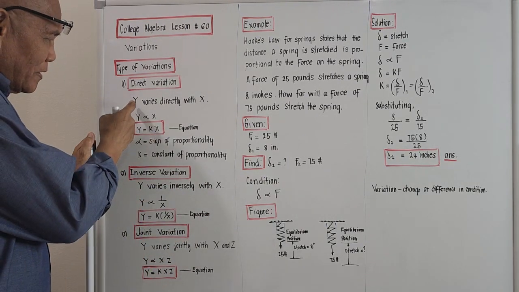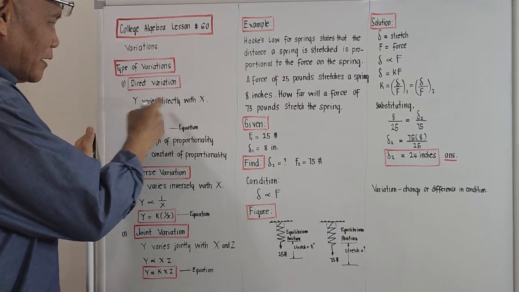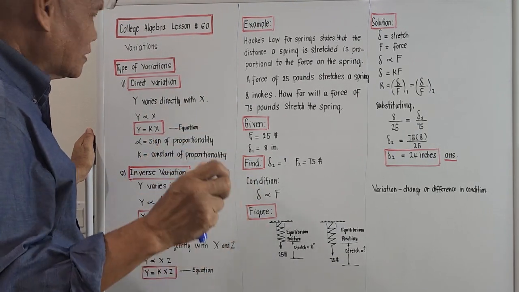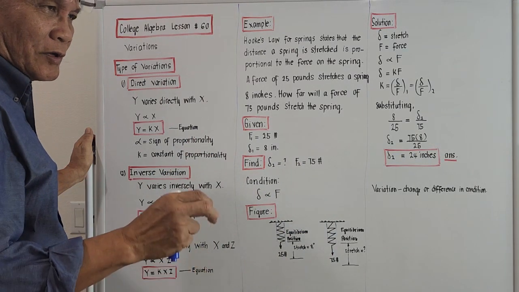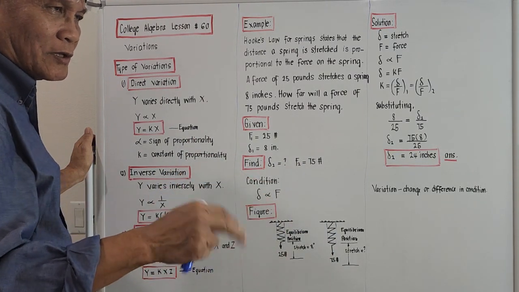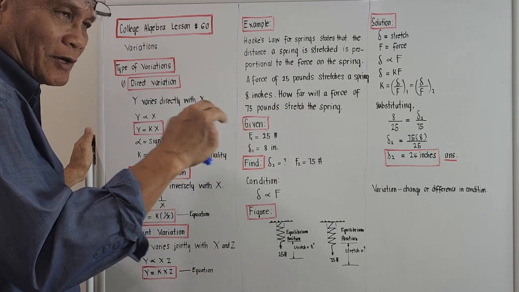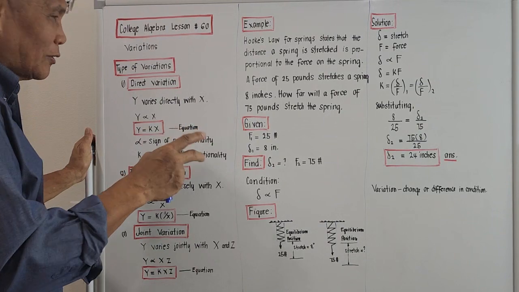We will be formulating an equation involving y and x if the relation to each other is directly proportional, meaning direct variation. The change in one will make the other change also. So if one goes up, the other will also go up. It follows, right? That is actually direct variation.